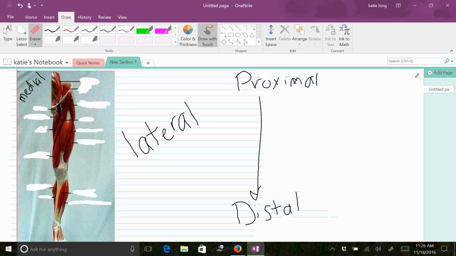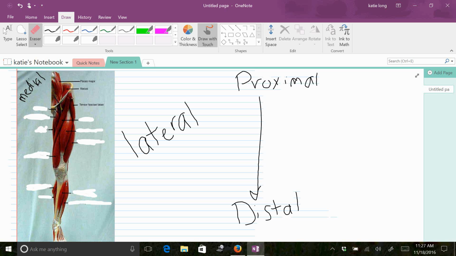Okay, so the first muscle that we will note is the psoas major. And then we have the iliacus. Next is the tensor fasciae latae. This is a good one to note about the terminology.